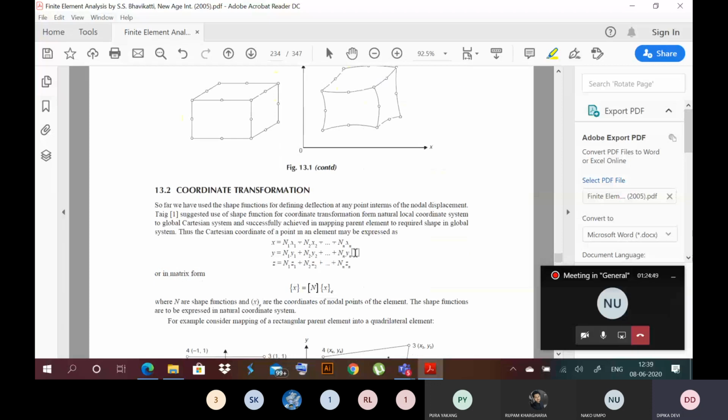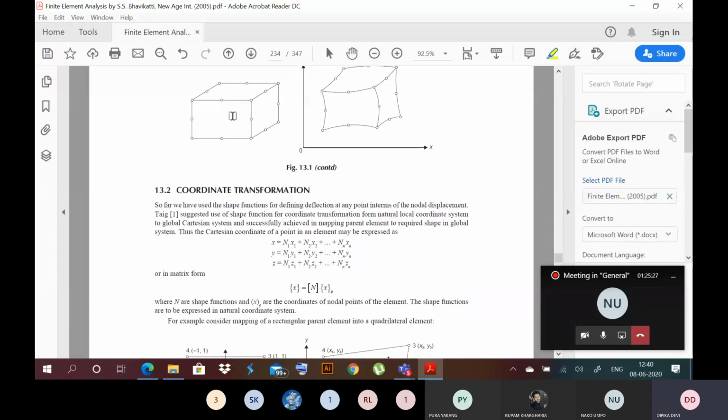So how is the coordinate transformation? As per the isoparametric concept, the coordinate at any point within an element can be written in terms of the nodal coordinates using the shape functions. Like displacement at any point is a function of the node displacement, isn't it? U is equal to N1 U1 plus N2 U2 plus N3 U3. V is equal to N1 V1 plus N2 V2 plus N3 V3.